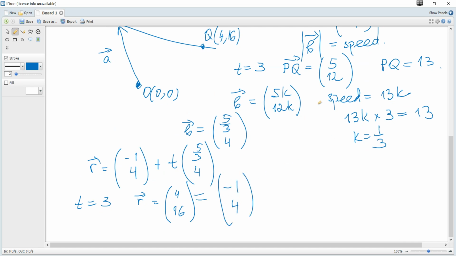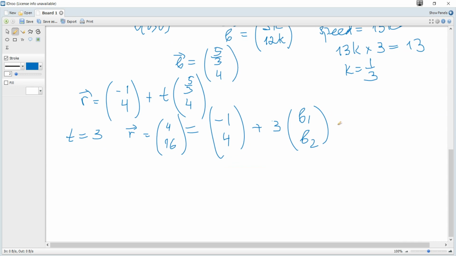It's clear that A vector is position vector of the starting point, plus since t is 3 we write 3, and for vector b we write b1, b2 to be coordinates of this vector, and hence we get simultaneous equations, and we can see b1 is 4 minus -1 over 3, which is 5/3, and b2 is 16 minus 4 divided by 3, is 4.